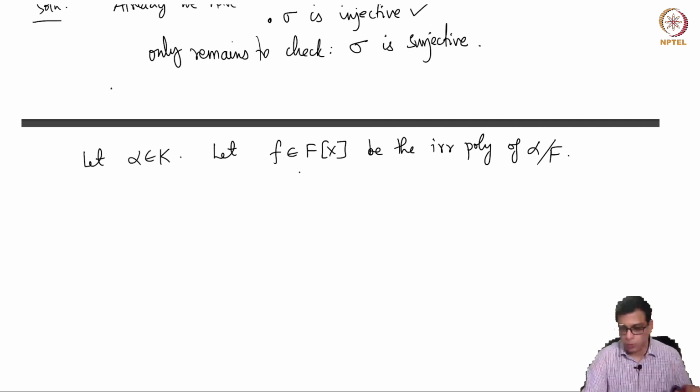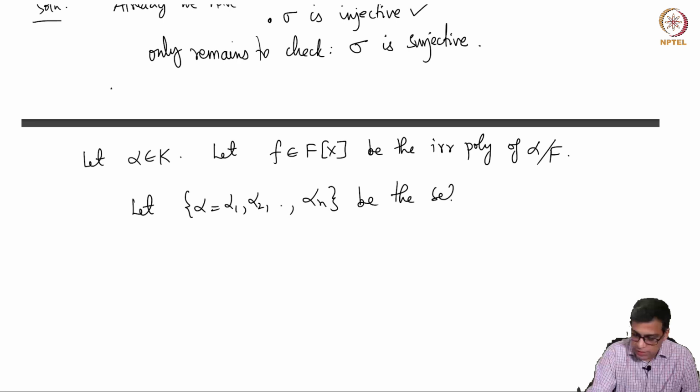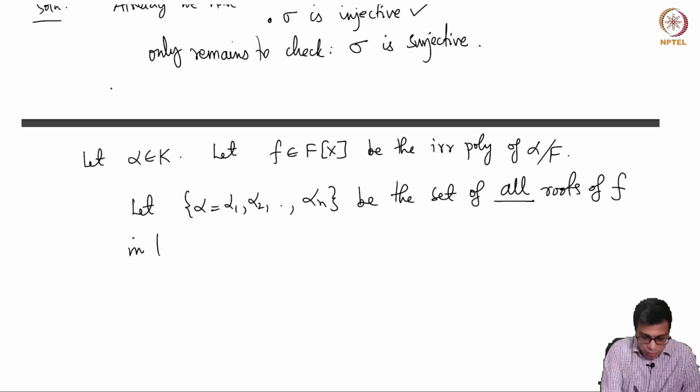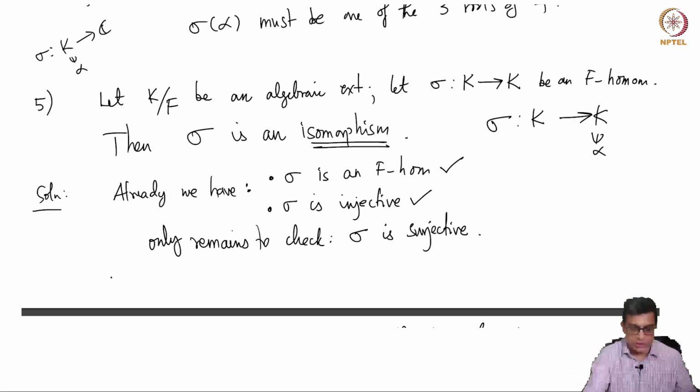Let f be the irreducible polynomial of alpha over F. Let alpha = alpha_1, alpha_2, ..., alpha_n be the set of all roots of f in K. Note that f may not split in K. We are not given any such assumption.